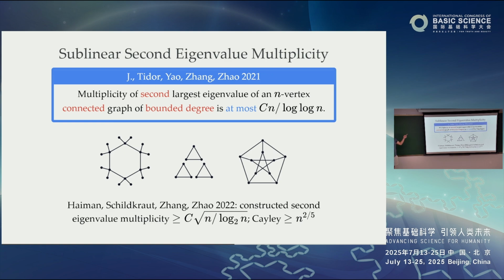Any question regarding the statement of the eigenvalue multiplicity? Okay, no. So I'm going to give you a proof sketch of this result, which I think is quite fundamental for spectral graph theory. If you are familiar with the subject, normally in spectral graph theory, people would like to talk about some bound on the second largest eigenvalue.